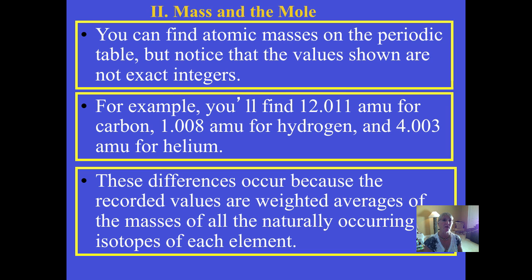Notice, interestingly enough, that these numbers aren't exact integers. It's not 12, 1, and 4. They're decimal fractions. As we learn later, that is an easy calculation to make. It's a weighted average of all of the various naturally occurring isotopes of each element. I'll show you how simple that is to do in a future chapter.